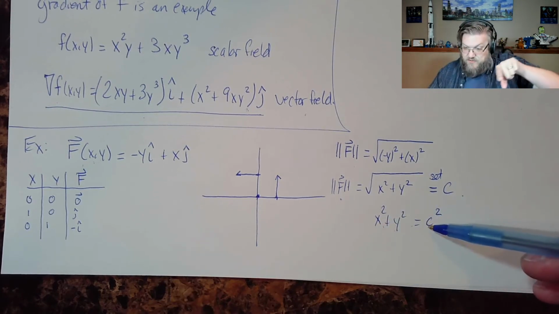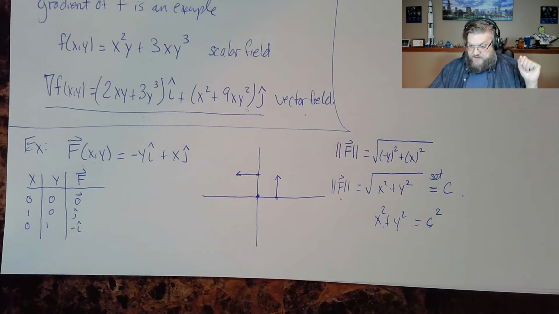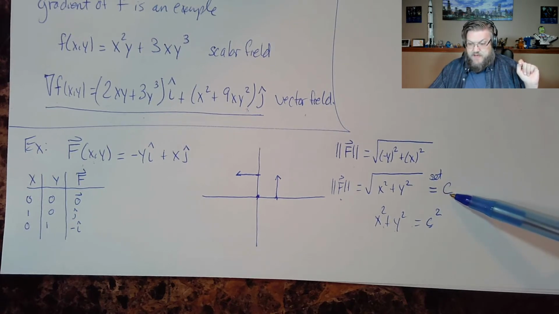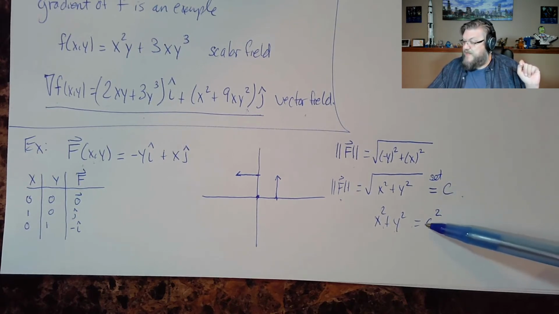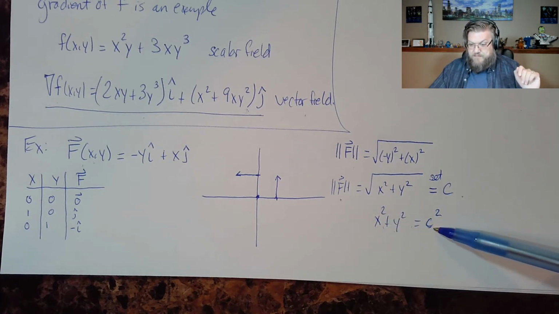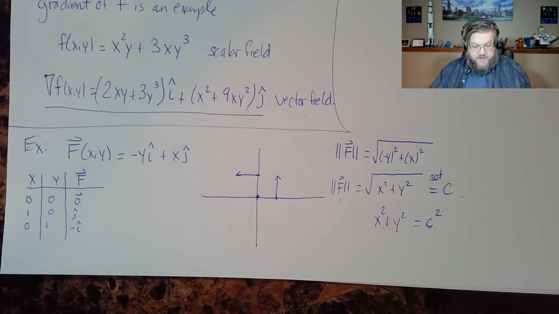So that unit circle, all of the vectors that live on the unit circle are length 1. If I wanted length 2, right? Length 2, that's going to live on the circle, all the points where x squared plus y squared equals 2 squared, or 4. So that's why they're drawing the circles there.